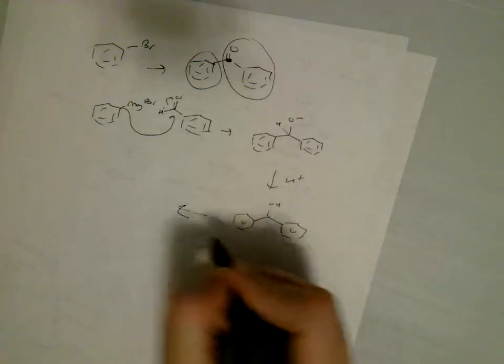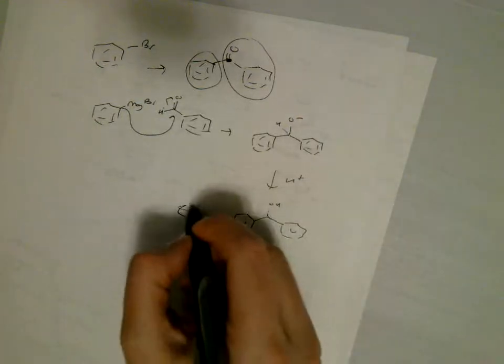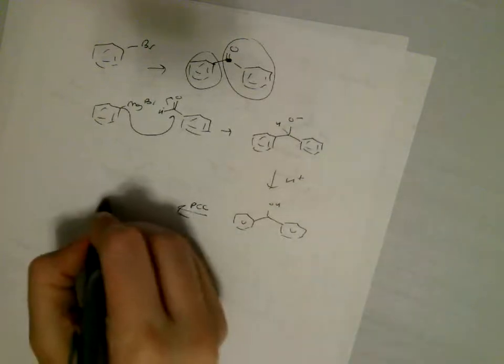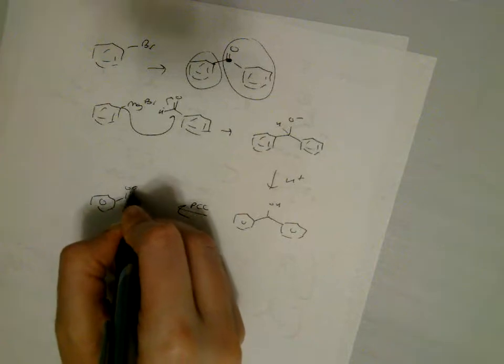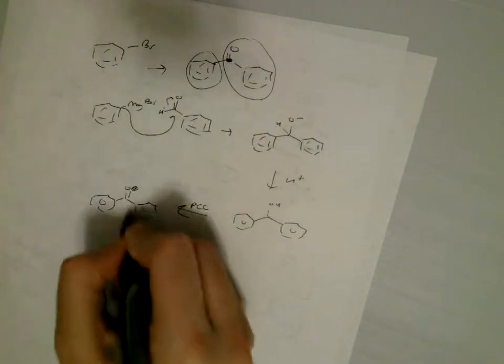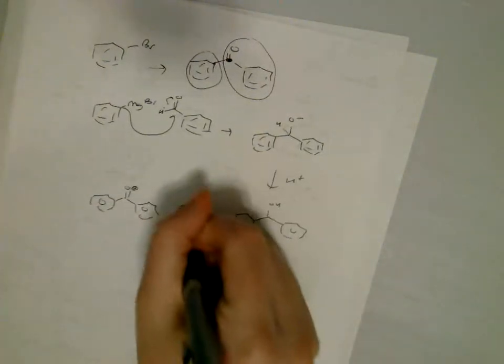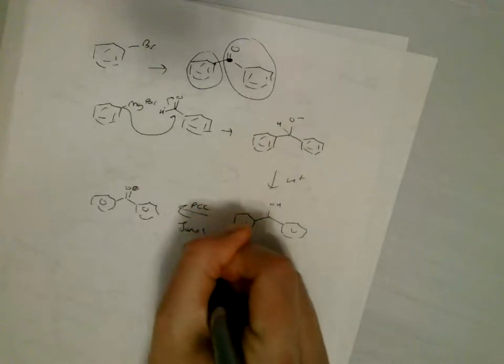And then I can use any oxidizing agent, PCC, Jones reagent, or KMnO4 to, actually KMnO4 in this case might cleave this and turn it into carboxylic acid. So I'd only use PCC or Jones reagent and go from here to here. And the only one that has that process is A.